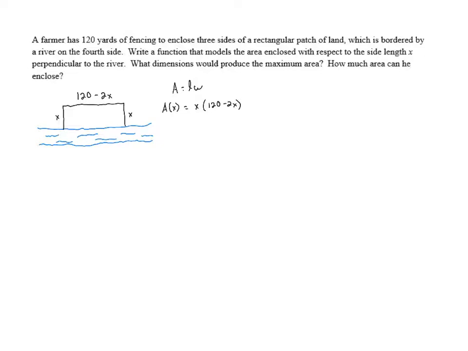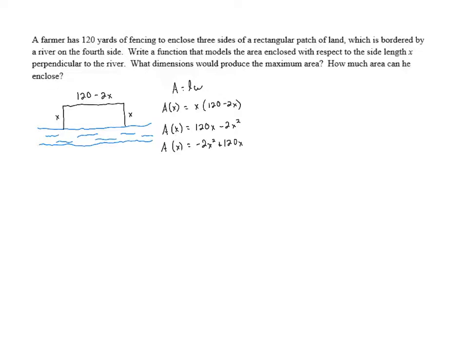So then one more thing, this is a fine answer for the area, but I do want to expand the right-hand side. So we get 120x minus 2x squared, and it might be helpful to write it in standard form, negative 2x squared plus 120x. Any of these answers are acceptable for the area as a function of side length.